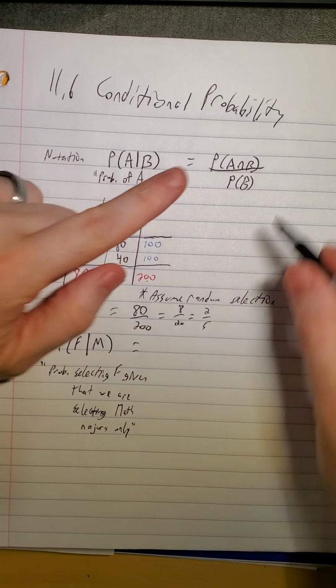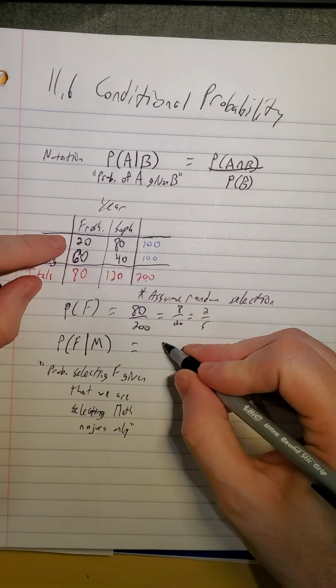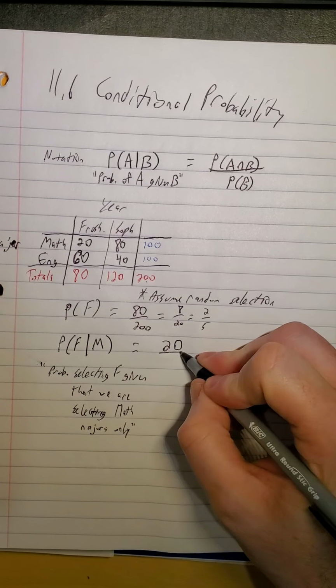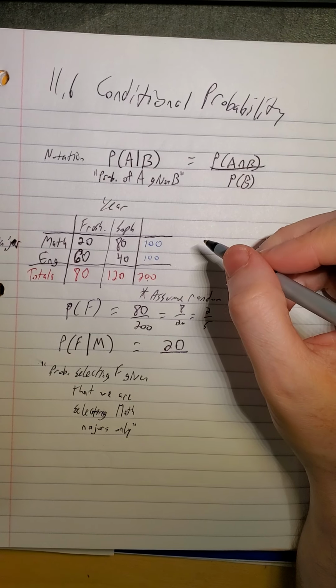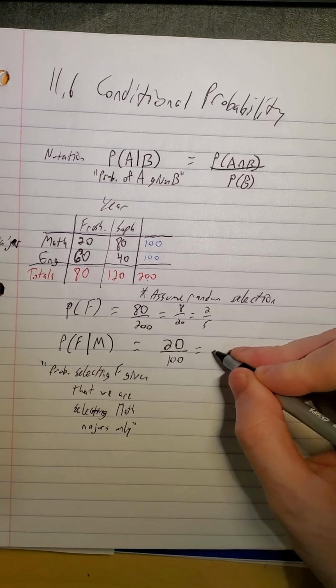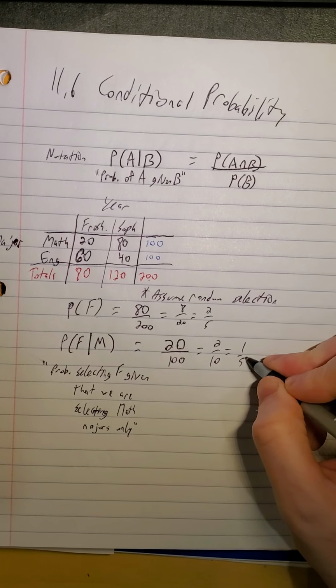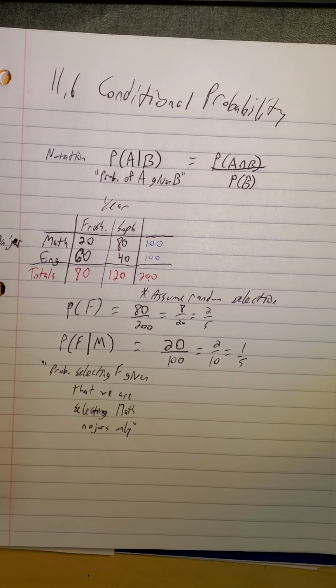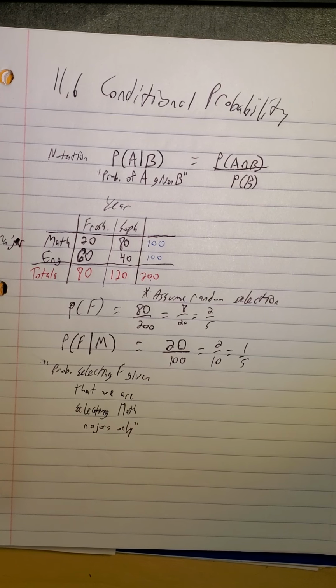So the intersection of F and M, freshman math majors, we have 20 of those out of the math majors. We have 100 math majors. 2/10 is 1/5. Different probability, depending on what we're looking at.